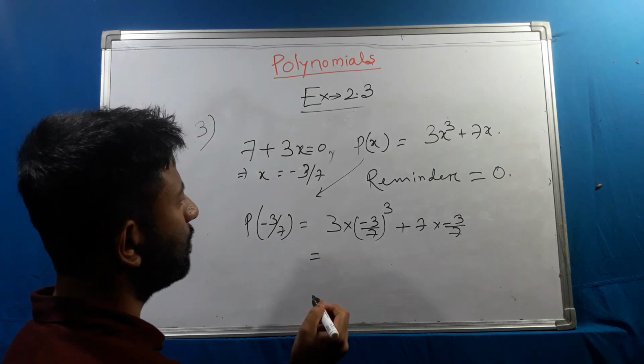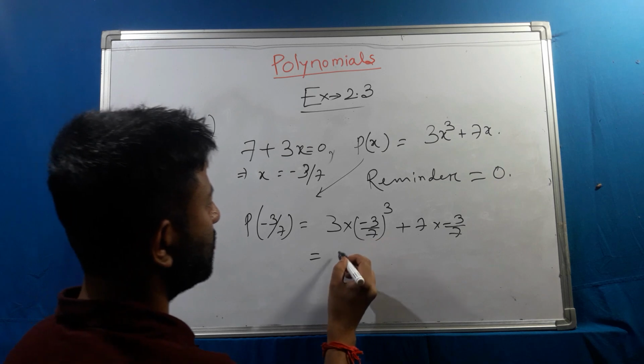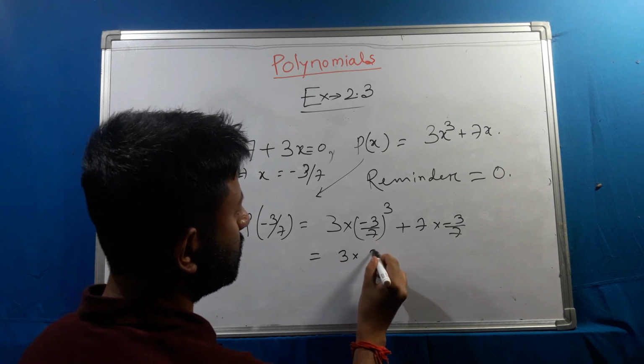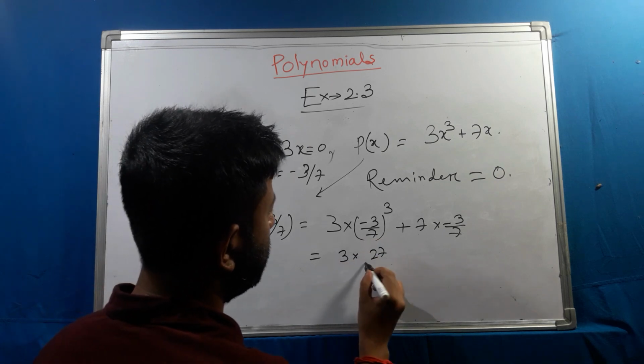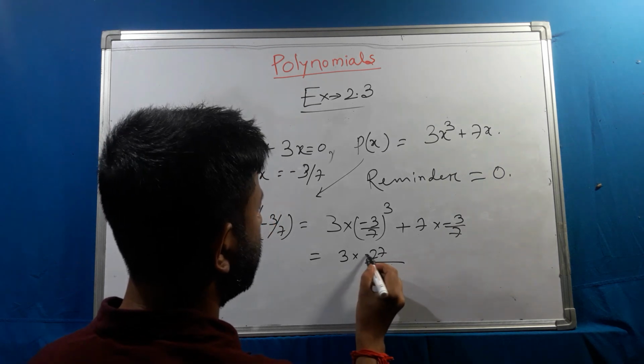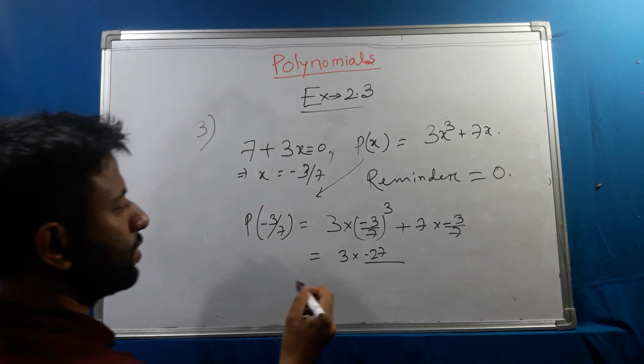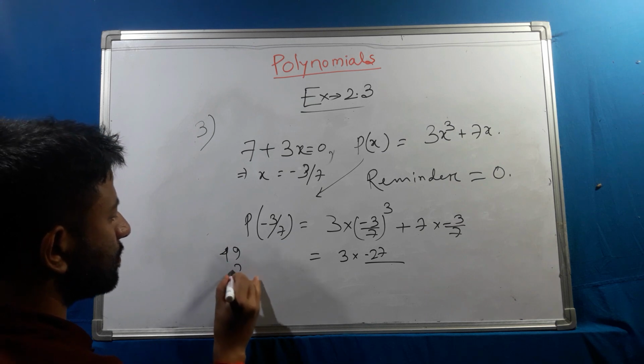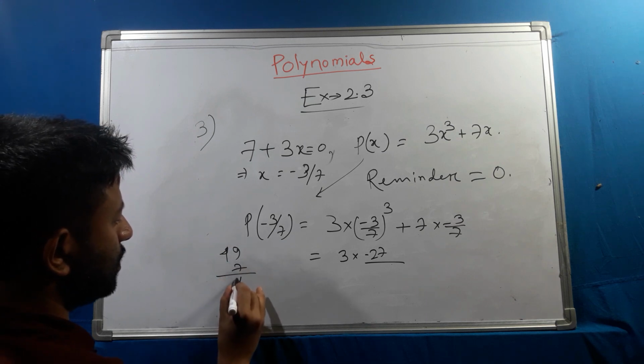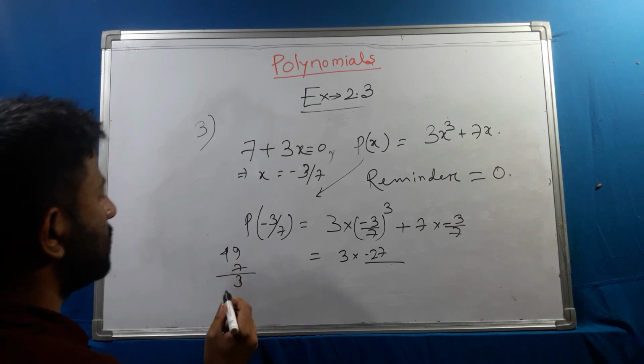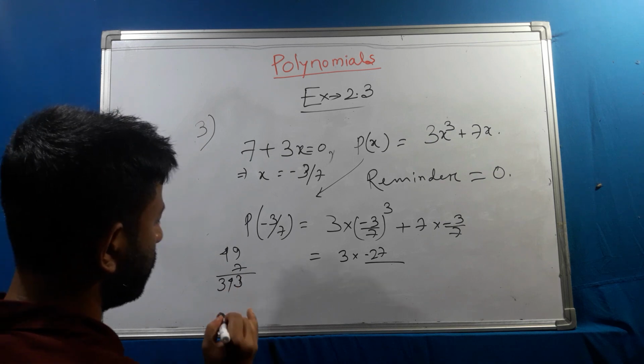So it's coming 3 into 27, minus 27, 7 7 14 and 14 into 7, 63, 28, 34.